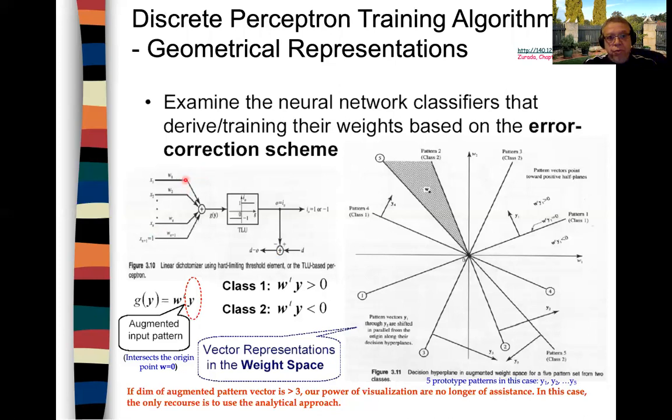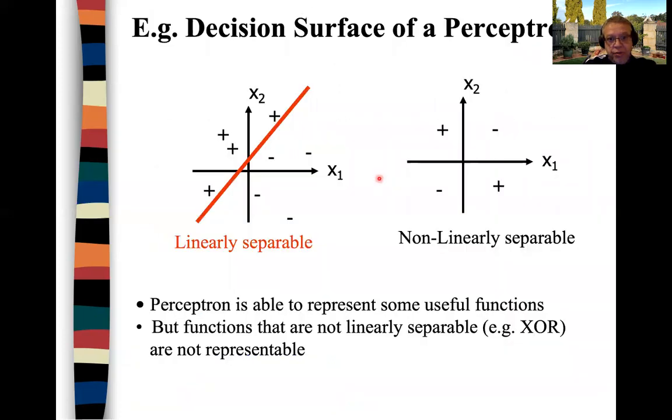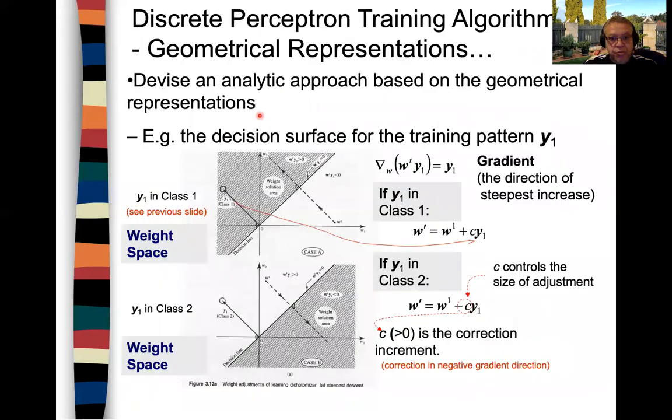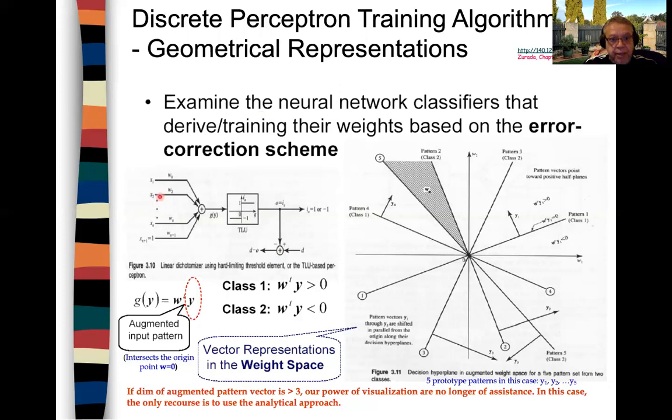So let's look at the error correction scheme that we looked at before. Let's say this is our input pattern, the first pattern, x1, x2, up to xn. So this is x1, this is x2, and then we have a pattern in a multi-dimensional space, from x1 till xn.